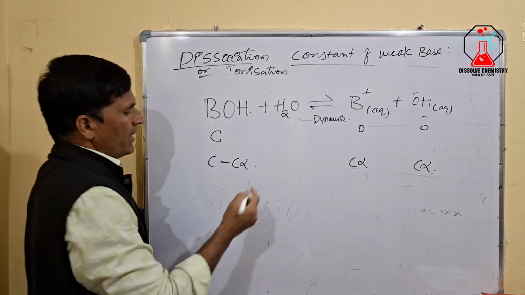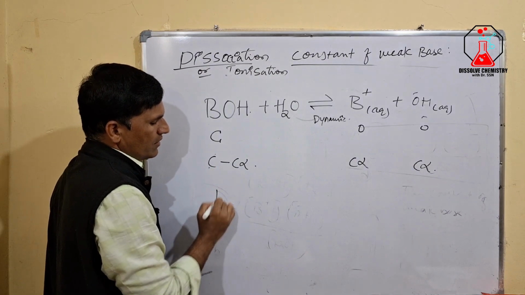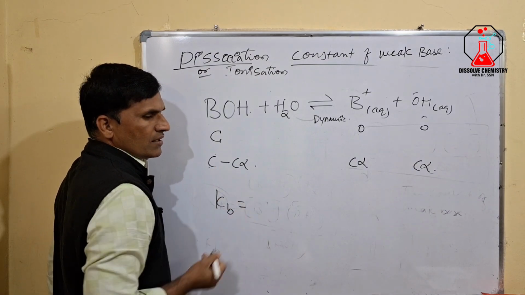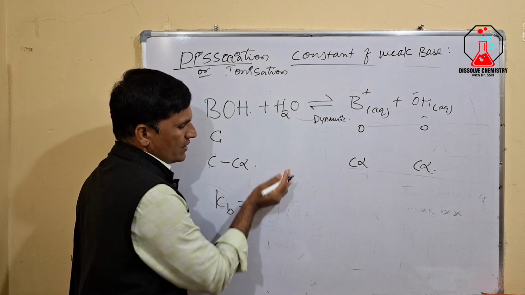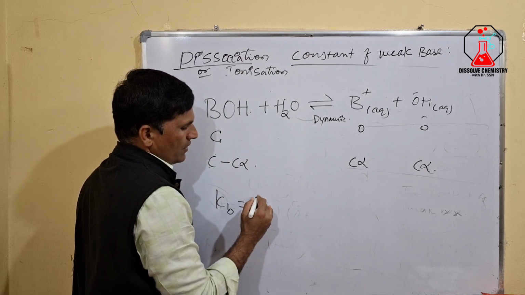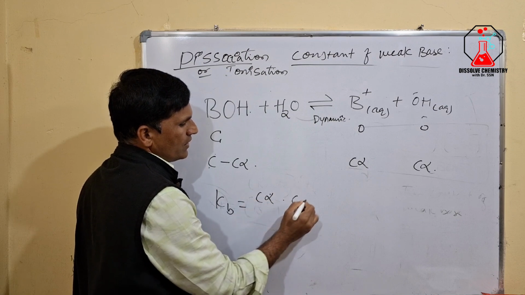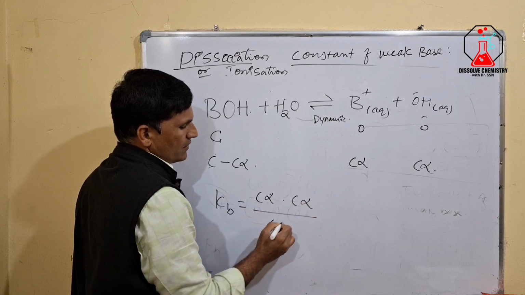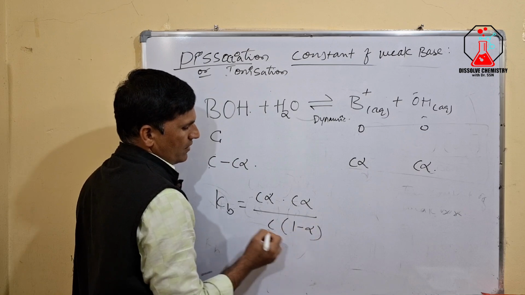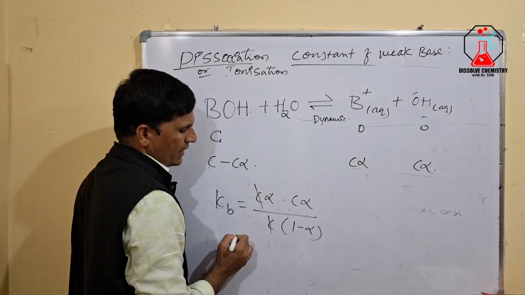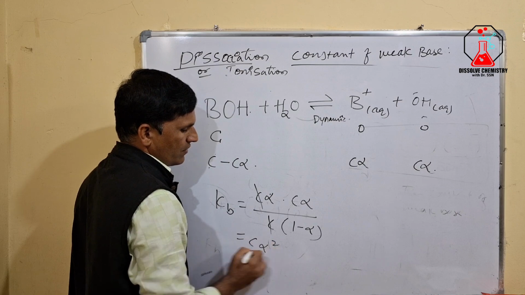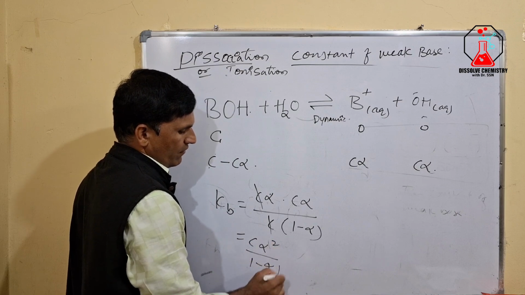These are the equilibrium concentrations, so you can directly substitute them in the dissociation constant equation. Kb is equal to C alpha into C alpha divided by C into 1 minus alpha. One C gets cancelled, so it turns out to be C alpha square divided by 1 minus alpha.